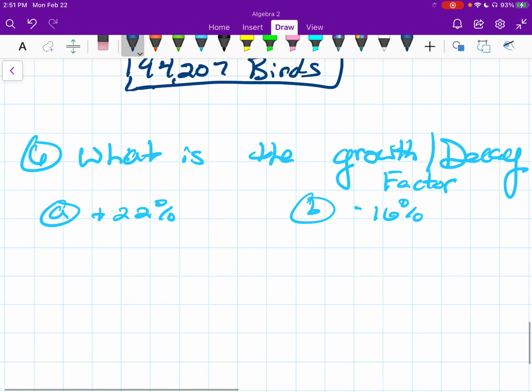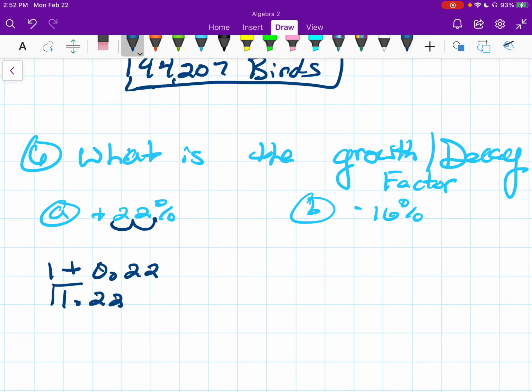So 22%, the decimal's right there, and we're going to move the decimal 2 spots to the left. So this will be 0.22. It's an increase, so I'm going to say 1 plus that. So it'll be 1.22, and this is a growth factor.